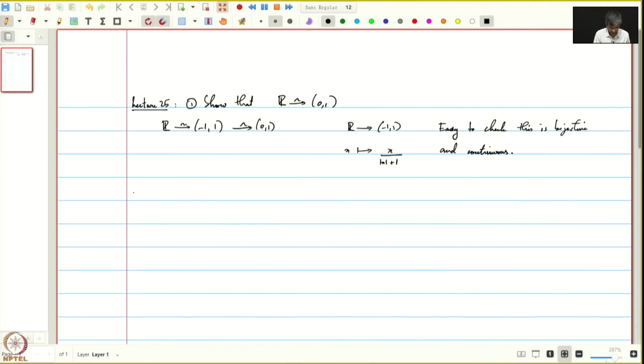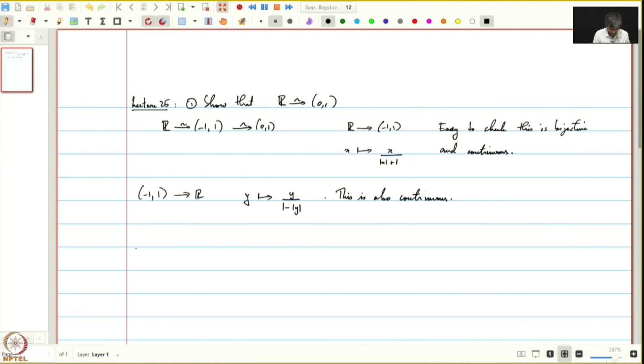And the inverse of this map is given by (-1, 1) to R, y maps to y divided by 1 minus |y|. Yeah, and this is also continuous. So to check that both these maps are bijective and continuous, that's left as an exercise.